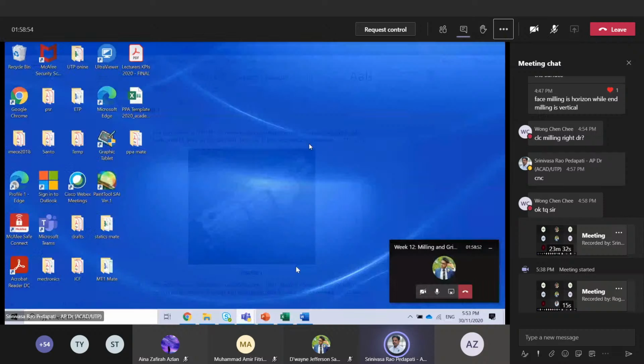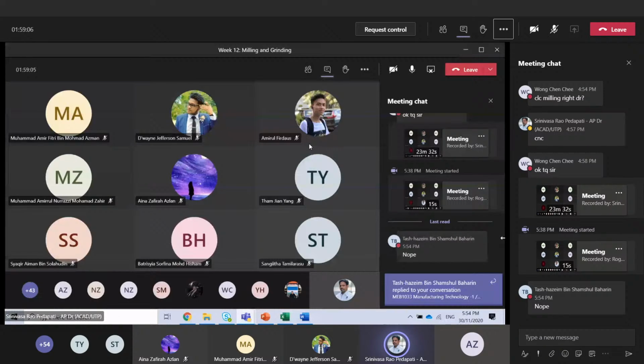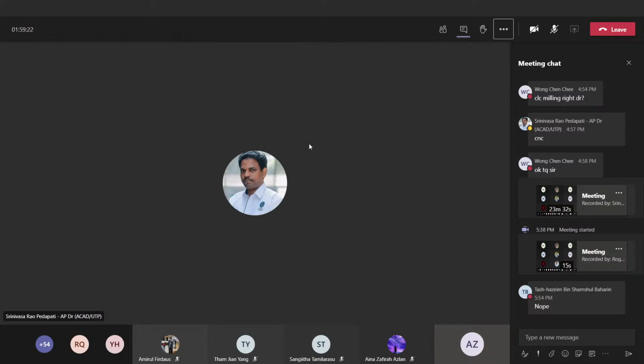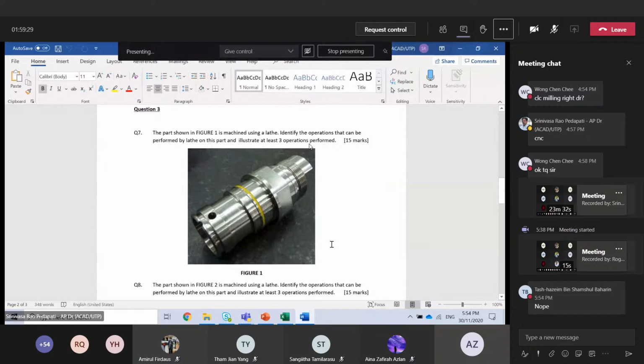Are you able to see the screen, the component? Are you able to see it now?